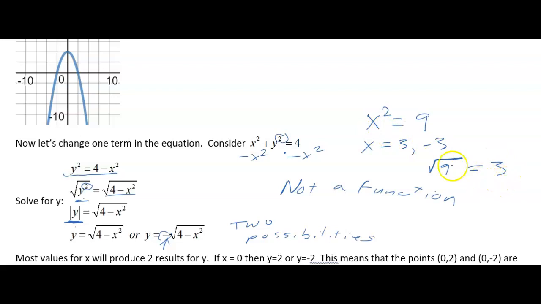It is 3. But I'm not asking you here what's the square root of 9. I'm saying give me all the possible numbers I can replace x with and get 9. That's a different question than asking you what's the square root of 9. That's why we often forget that there's 2 answers to the equation, because there is only one square root of 9.